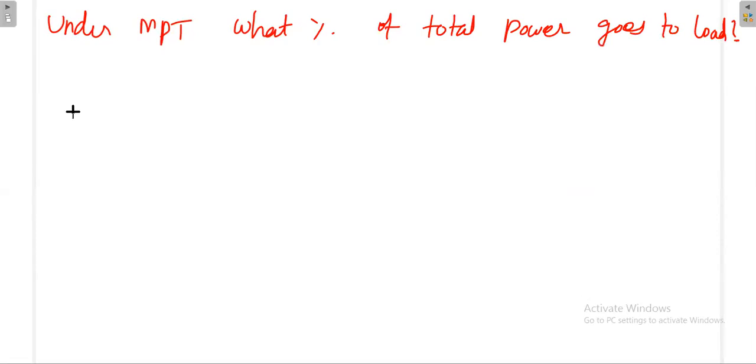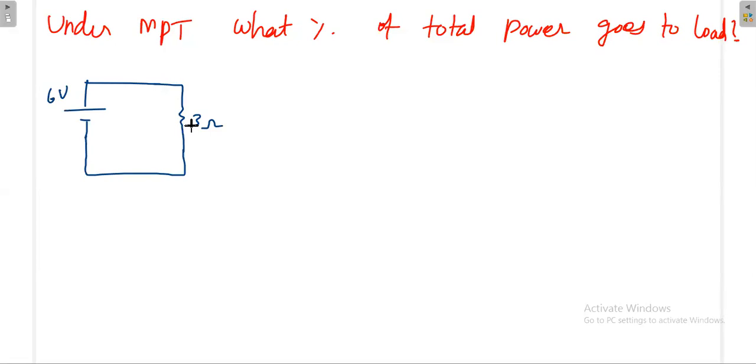For this question, suppose I have a battery like this. For a moment, I assume that there is no series resistance. I already know that if 3 ohm is there, the maximum power will come, but for the moment I have removed the source resistance, because the source absorbs some power.